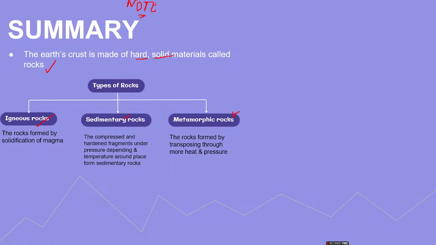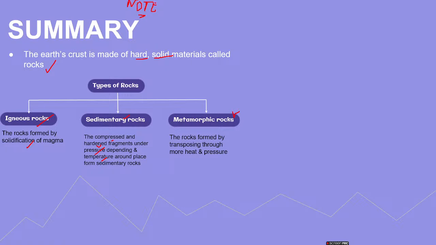The igneous rocks are formed by solidification of magma. Then the sedimentary rocks are formed by compressed and hardened fragments, means the small pieces which are weathered or eroded from igneous rocks, forming deposited layers by pressure and temperature depending on the area.